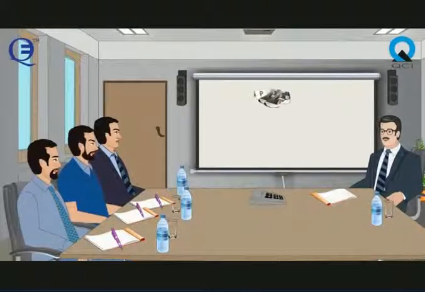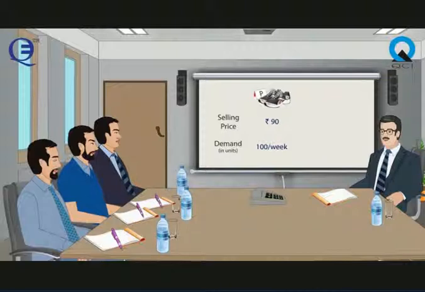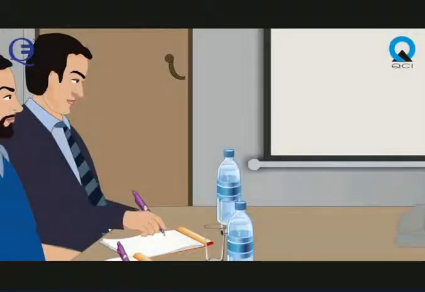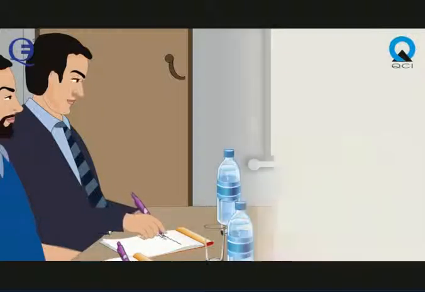The data we have is P, which is sold at 90 rupees per unit. For this, the demand is 100 units per week. Q is sold at 100 rupees and the demand is 50 units per week. The marketing person systematically begins to calculate how much money they will make.